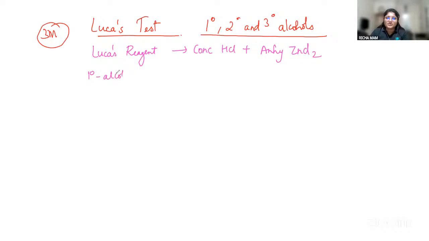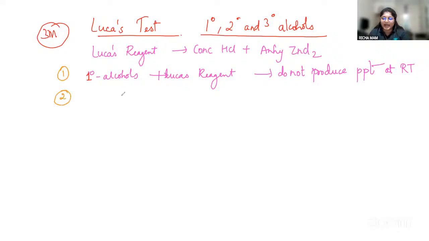Primary alcohols, when they react with your Lucas reagent, do not produce turbidity or precipitate at room temperature. So this is the distinguishing test. Whenever you have primary alcohols, they will not give you any turbidity at room temperature.